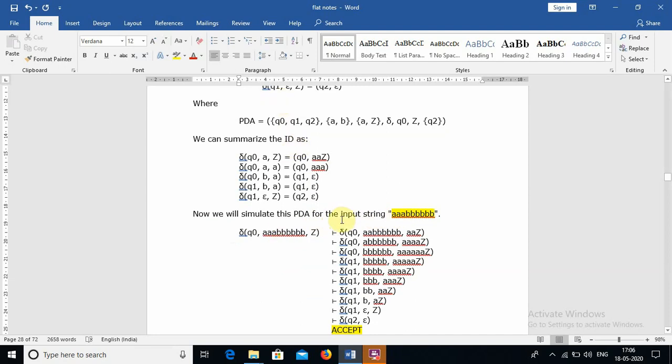So this is the PDA now. For the input string, we take 3 a's and 6 b's, since for 1 a there are 2 b's. Here we can construct the turnstile notation; this is the symbol for multiple moves. We start at q0 with the input string aaabbbbbb, and Z is the initial symbol of the stack; Z0 or Z are the same.